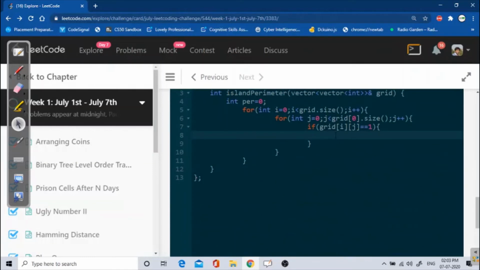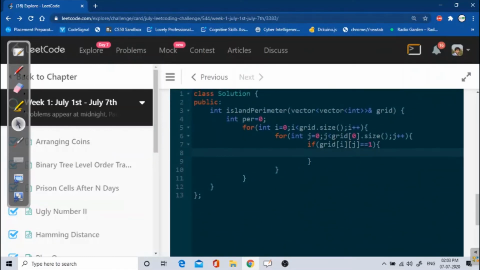So first of all, before doing anything, I will just add perimeter has 4, and after that I will check grid of, that is up direction, that is i minus 1 comma j is equal to 1. Whenever I see, I will just add minus 2.